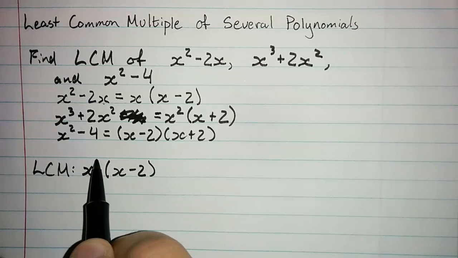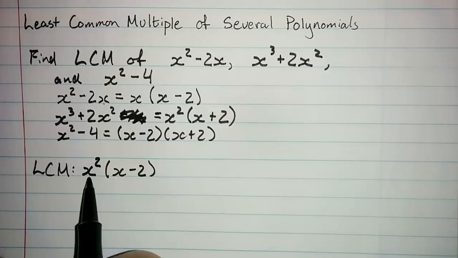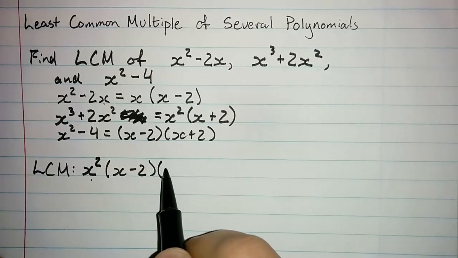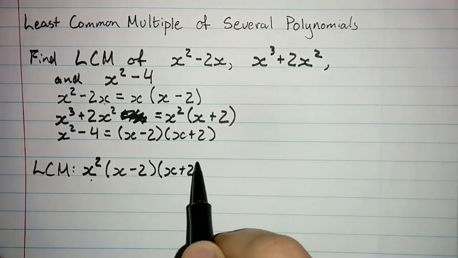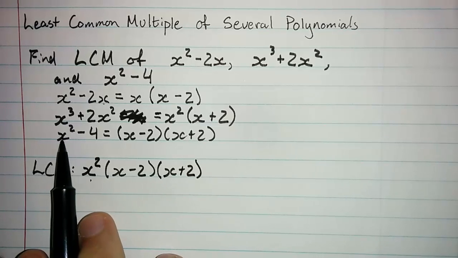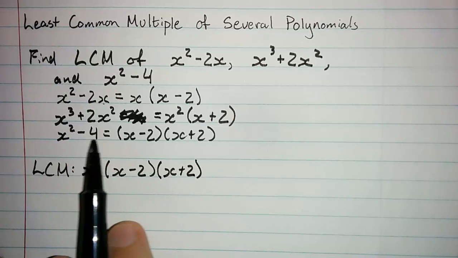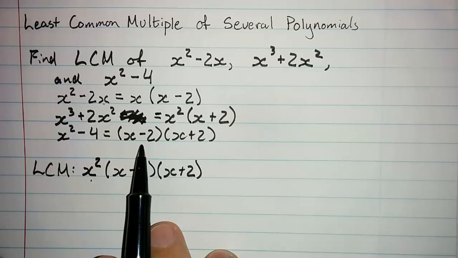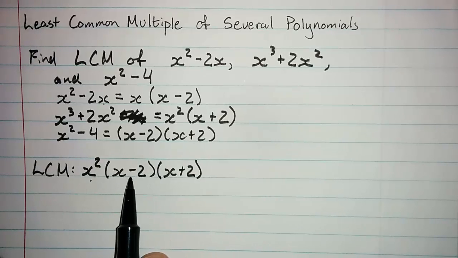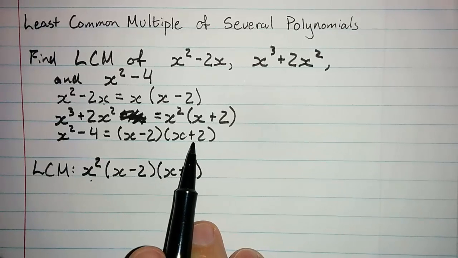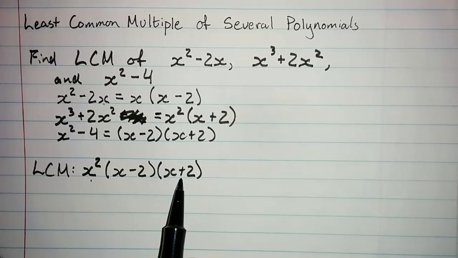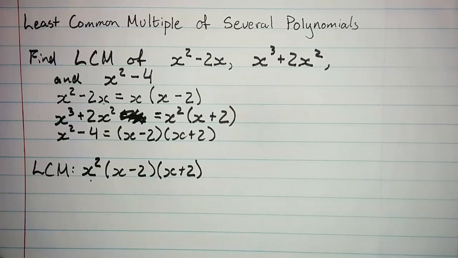I've already got an x, so I'll just square it. And it needs an x plus 2. To be a multiple of my third polynomial, my prime factorization needs an x minus 2, which it's got, and an x plus 2, which it's also got. So this is my least common multiple.